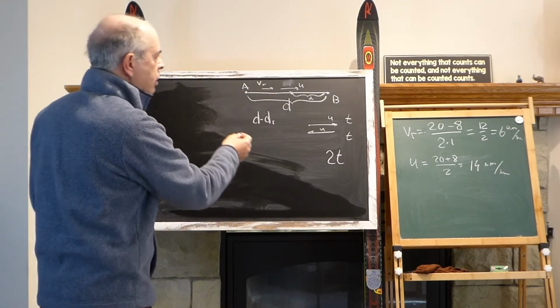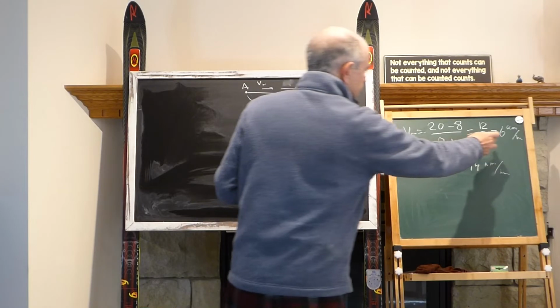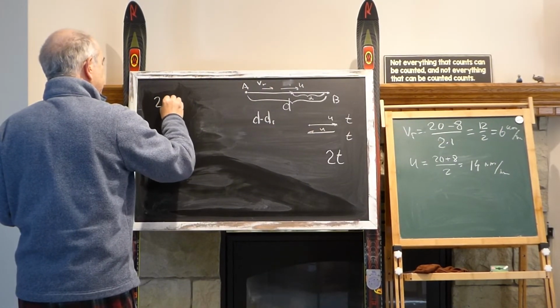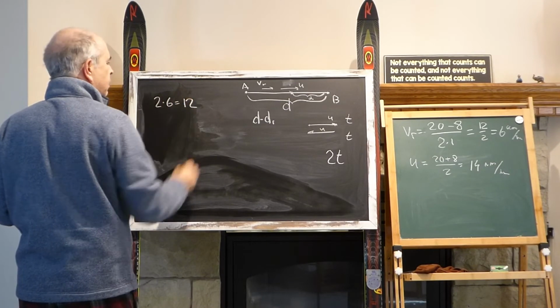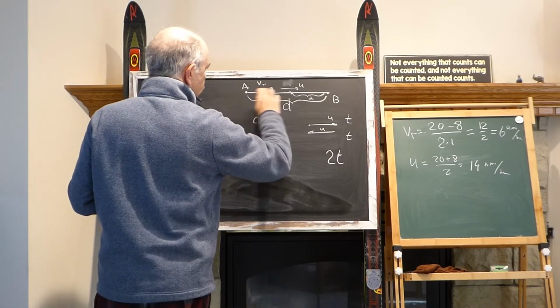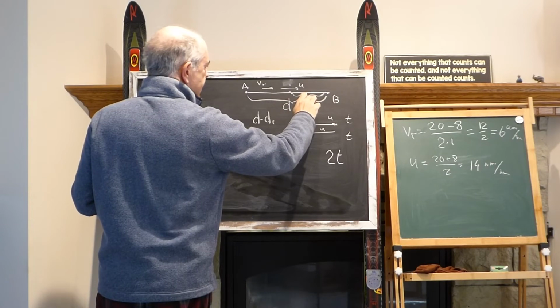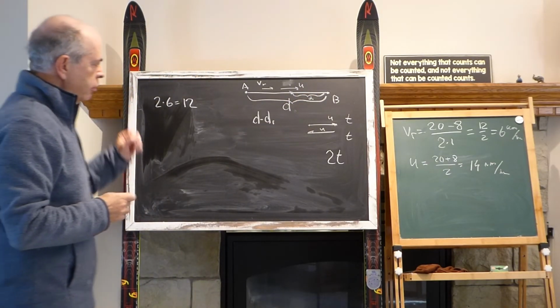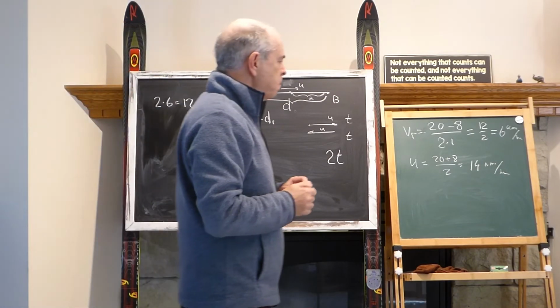In 2 hours traveling at 6 kilometers an hour, we cover 2 hours multiplied by 6, which is 12. And indeed, for 2 hours, 12 kilometers, 8 kilometers here, 20 kilometers here. So everything is good from the perspective of the raft.